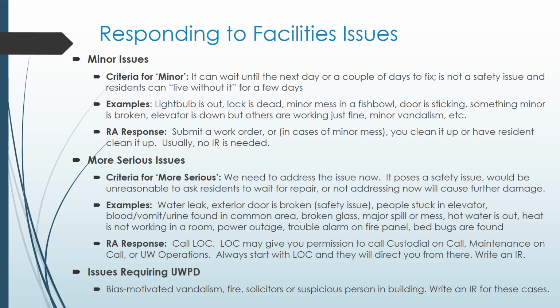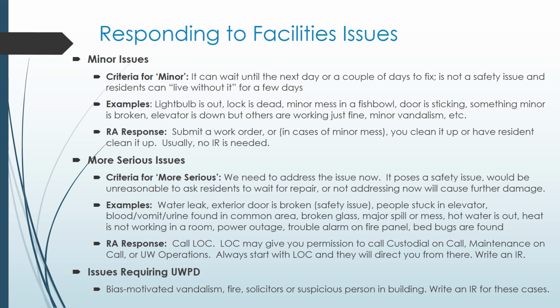So examples for this would be a light bulb might be out. Now, if all the lights in a room are out, that might be a different story, but maybe one of the lights in the fishbowl, or a light in an elevator, or a light down a hallway, or a resident's vanity light, but the other room light is okay. That's a minor issue. A lock being dead. You'll learn in desk training that we can issue a hard key temporarily while the lock gets fixed.